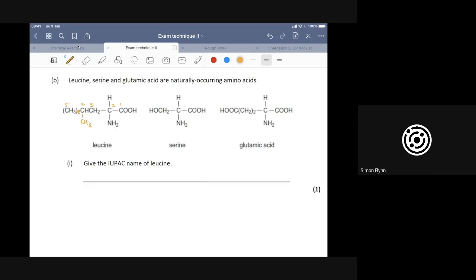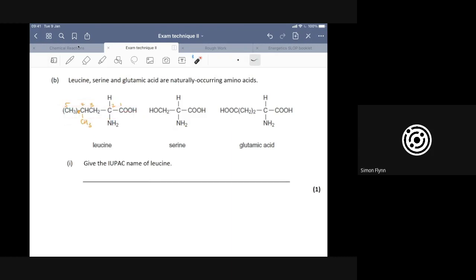Now we can see much more clearly it's pent. I know a lot of you got this right, so it's not about this particular question. It's just the principle. We can see we've got 2 amino, 4 methyl, pentanoic acid. Sorry, pentanoic acid.